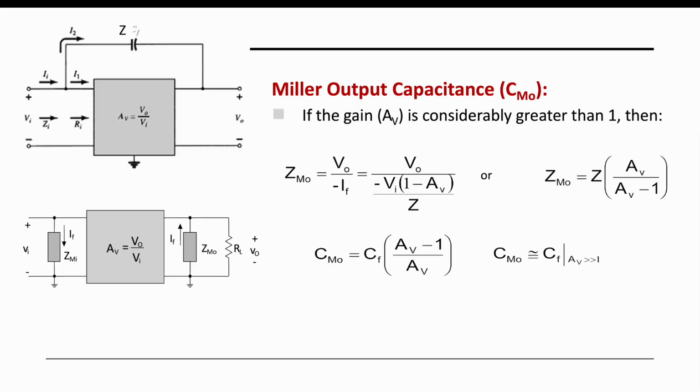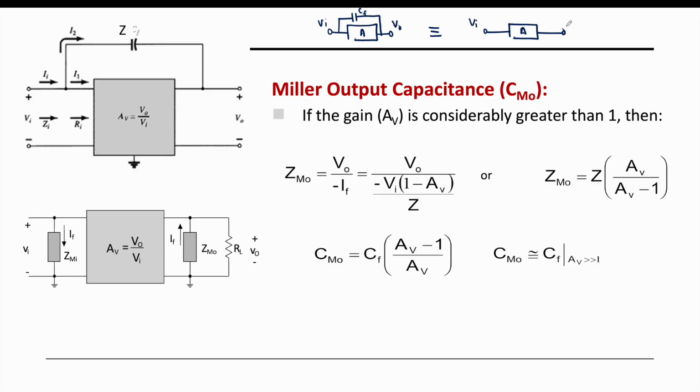Okay, how about the output capacitor? Remember just now we have the input, this is the input voltage, this is the output voltage, and we have a feedback capacitor given as CF, and this can also be redrawn as such.